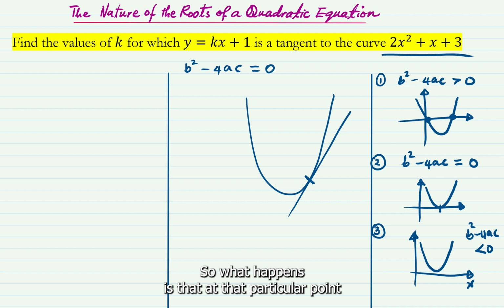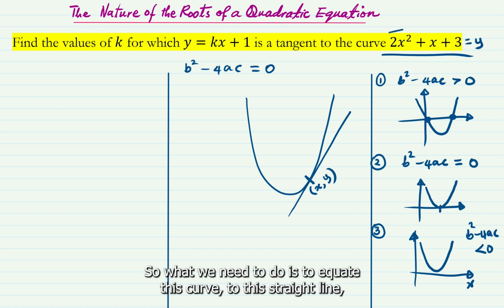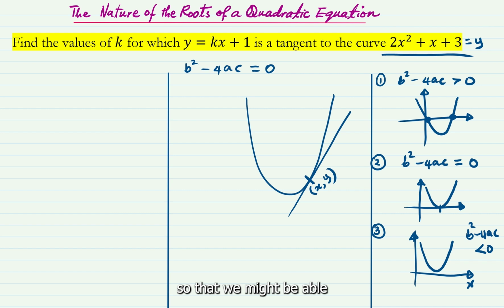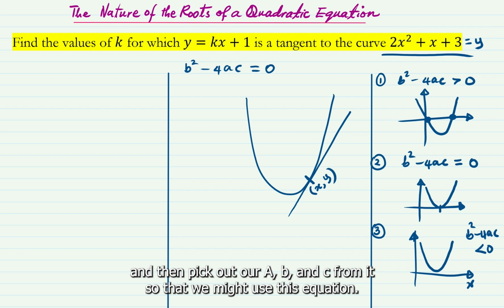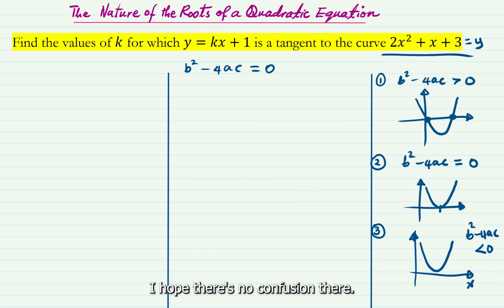So what happens is that at that particular point where they meet, they will have the same value for x and y. So what we need to do is to equate this curve to this straight line so that we might be able to reduce it to a quadratic equation and then pick out our a, b, and c from it so that we might use this equation. I hope there's no confusion there.